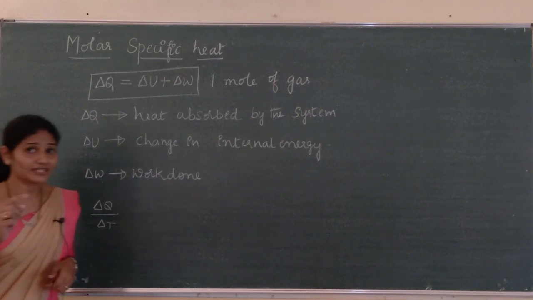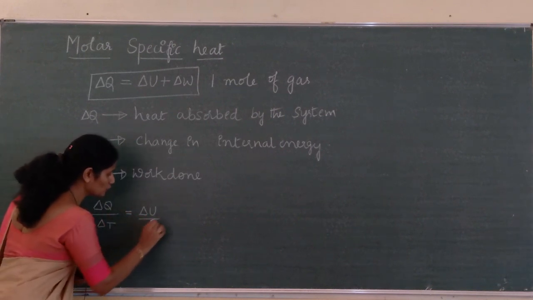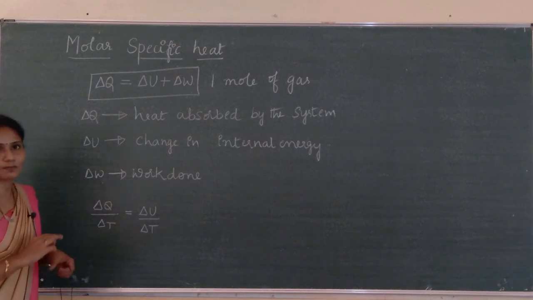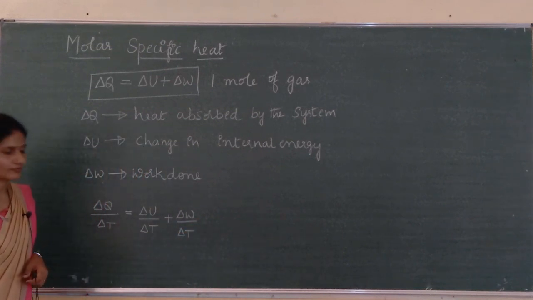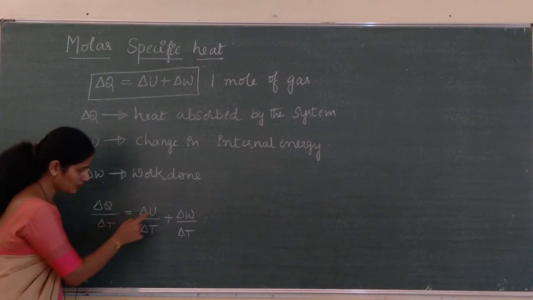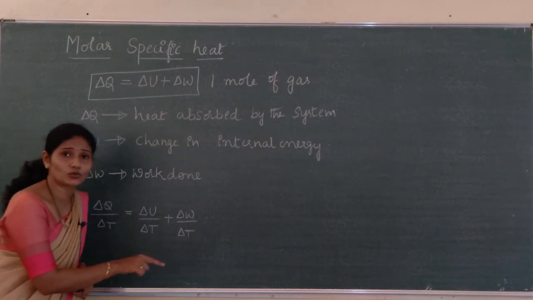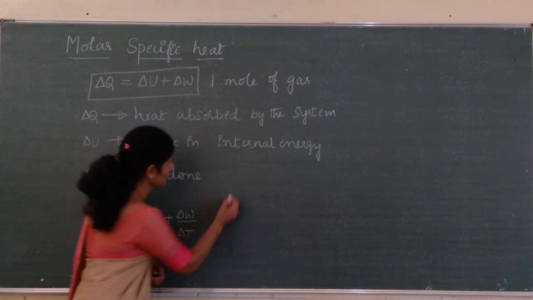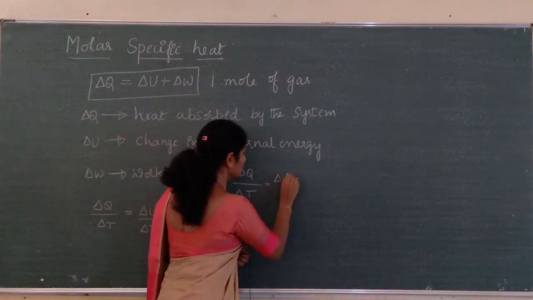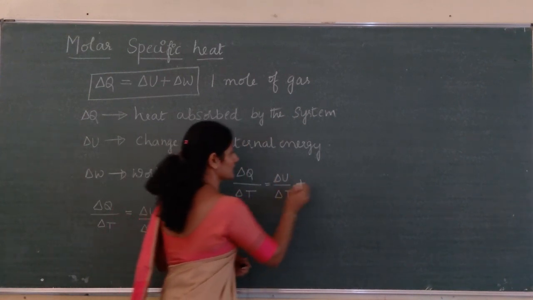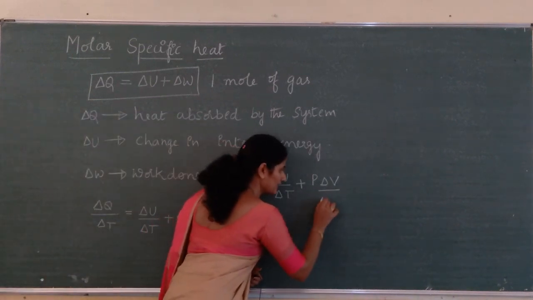We are dividing both sides by delta T. Delta Q by delta T is equal to delta U by delta T plus delta W divided by delta T. We know that delta W is equal to P into delta V. So, delta Q by delta T is equal to delta U by delta T plus P into delta V divided by delta T.